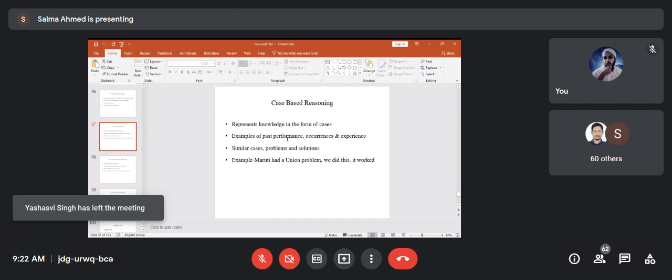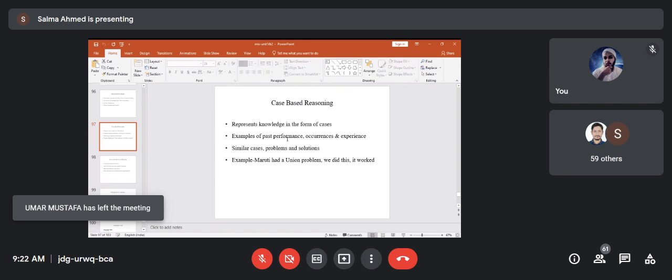Case based is a form in which you take past experience. Okay, there was a problem. How did we analyze that problem, and what was the diagnosis? What was the solution? So you find similarity within the situation. Often we give the example of the Maruti union problem, a very prominent case of a management union problem, and how it was resolved.